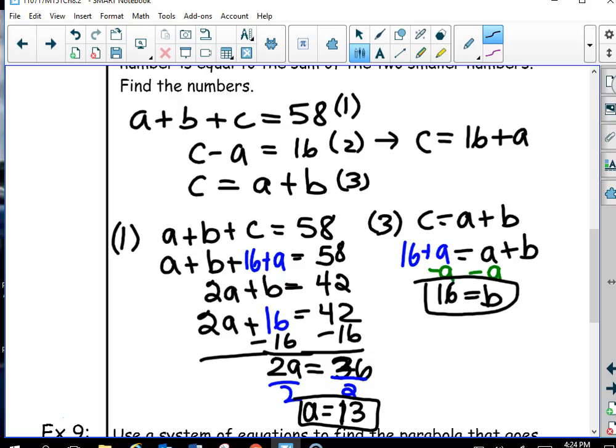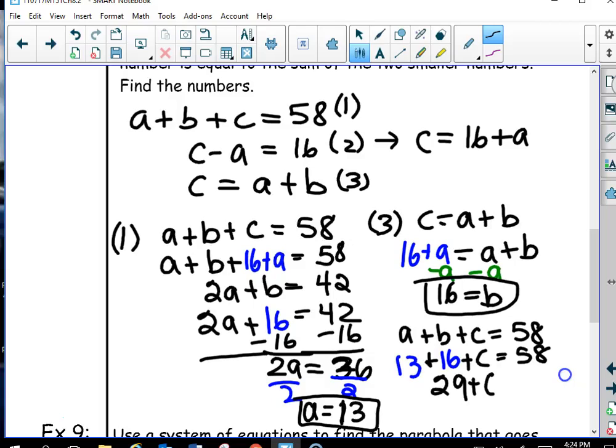And then A plus B plus C is 58. So 13 plus 16 plus C equals 58. Looks like 29 plus C equals 58, and let's subtract 29.